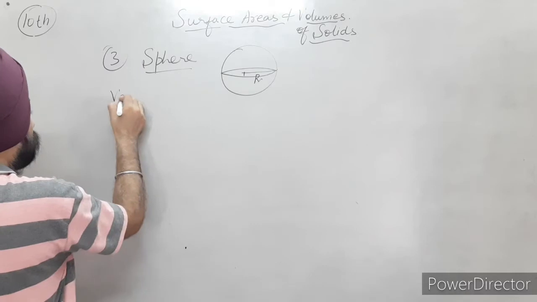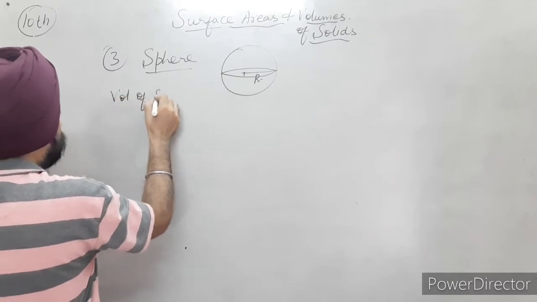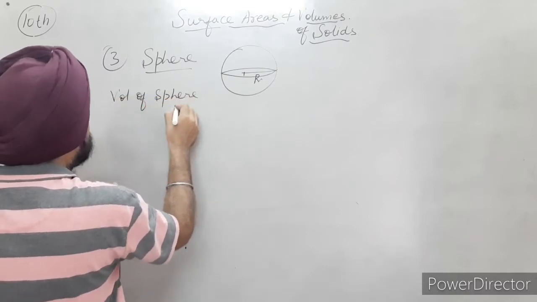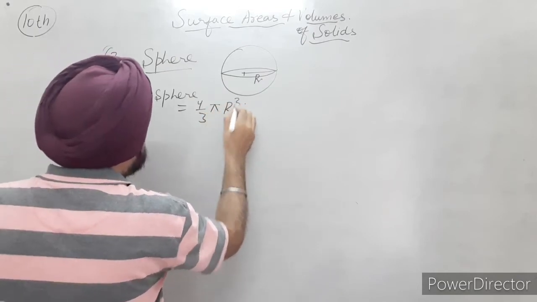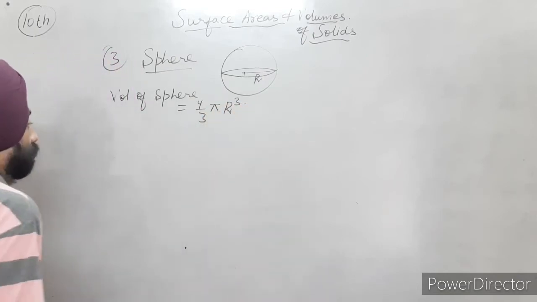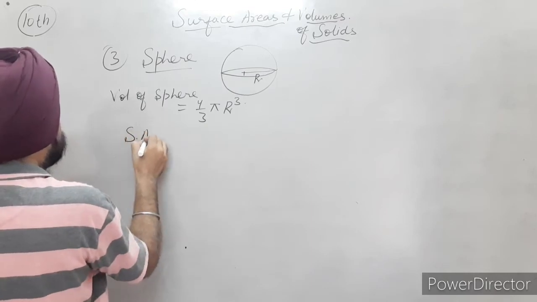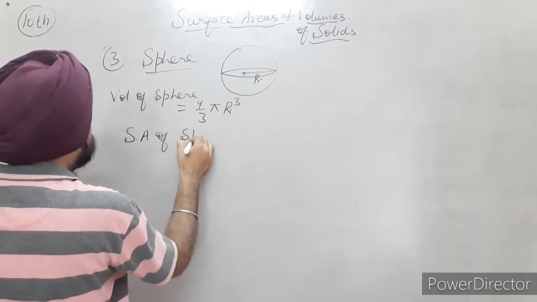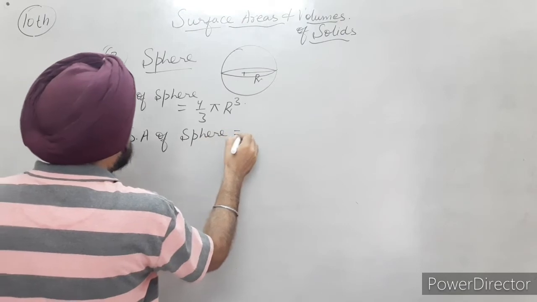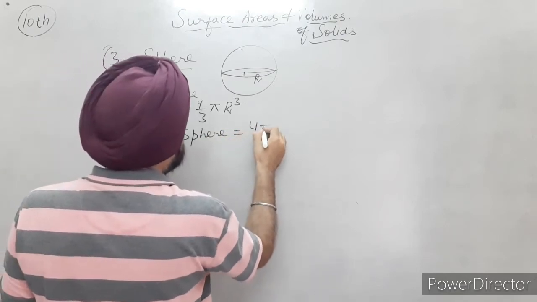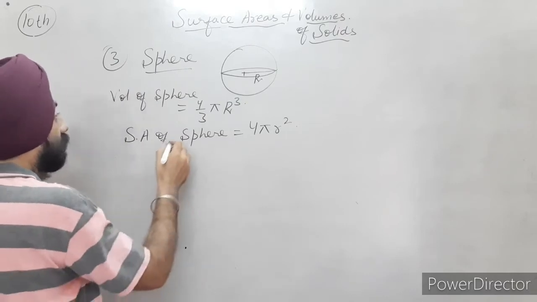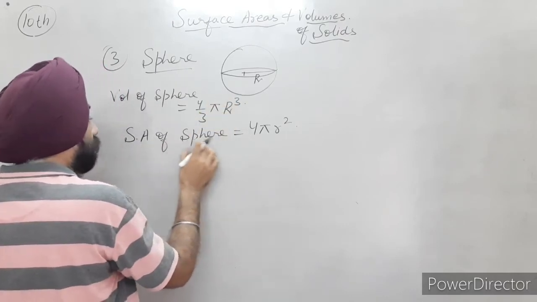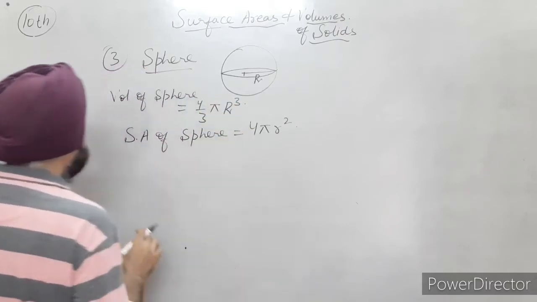The volume of the sphere is 4 by 3 pi r cube. Surface area of the sphere is 4 pi r square.